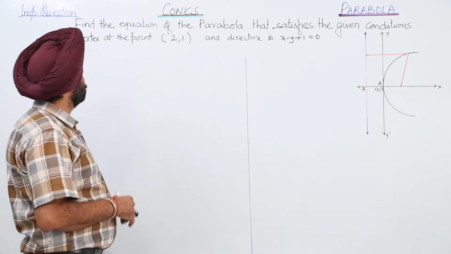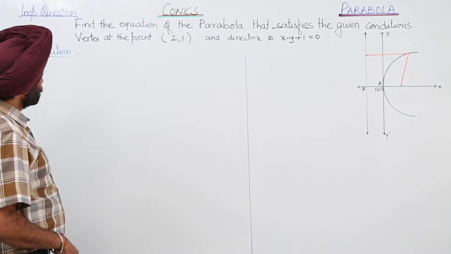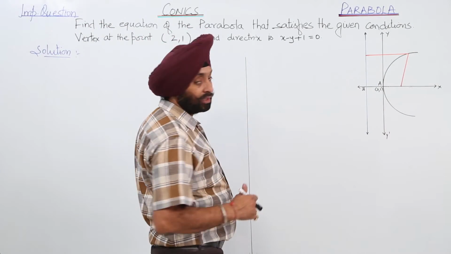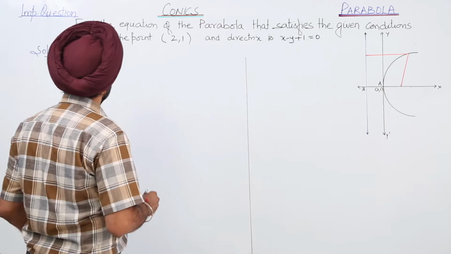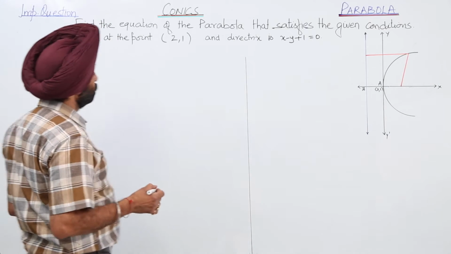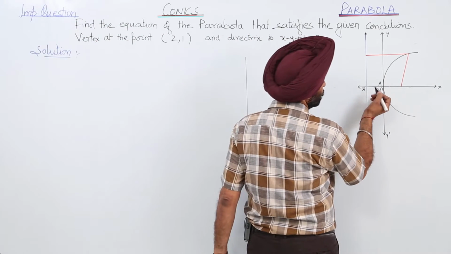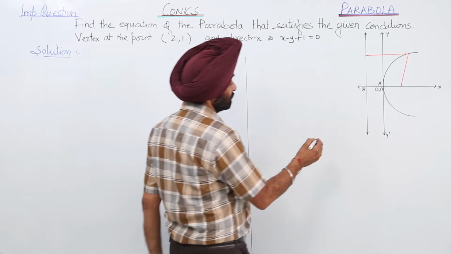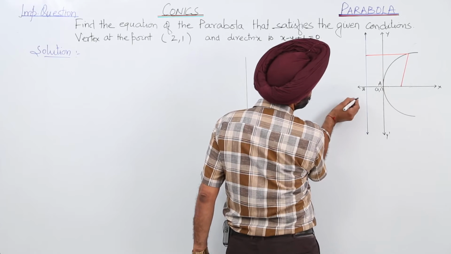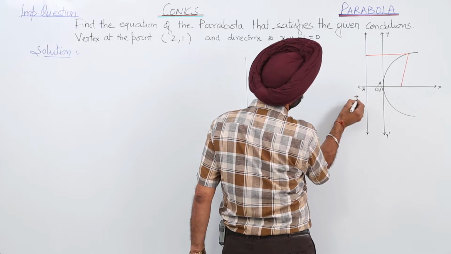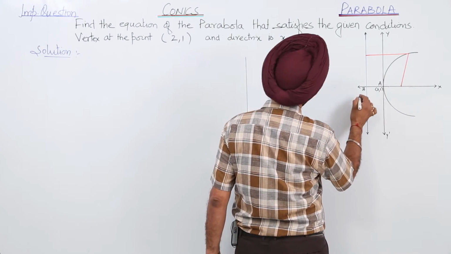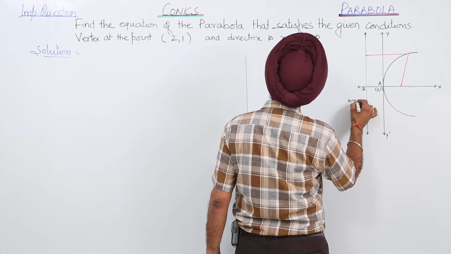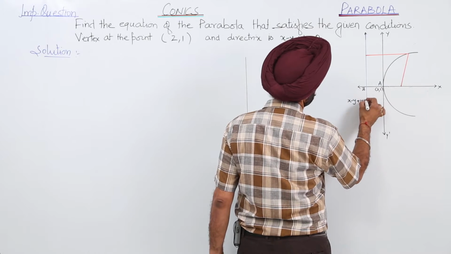A very important question. Here the vertex is given as (2, 1) and the equation of the directrix is given. We have to find the equation of the parabola. So first of all, the vertex is given, so we can write it as A (2, 1), and the equation of the directrix is x minus y plus 1 is equal to 0.